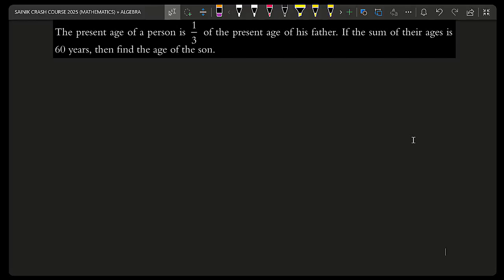Sir, the person's age is 1/3 of the father's age. Let us say the person's age is X. Then what is the father's age? 1/3 of his father's age, sir. No, if you call the son's age X, what will be the father's age?